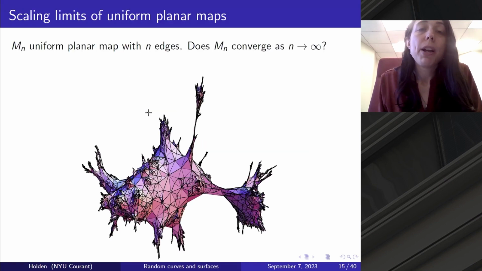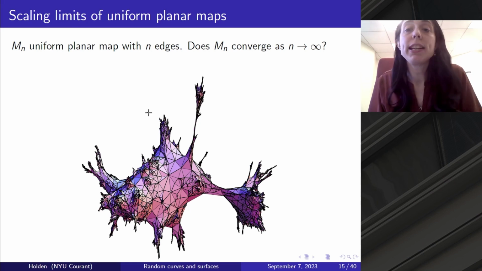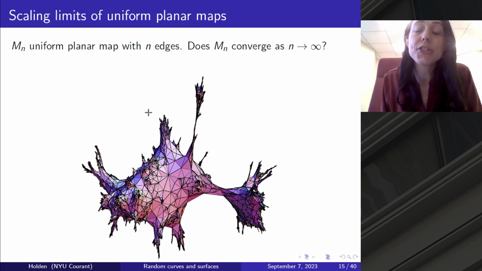So here we have some large random planar map with n edges. A natural question is whether this planar map is converging in some sense when the size n goes to infinity. When talking about convergence results for planar maps, there are many different notions of convergence that one can consider.